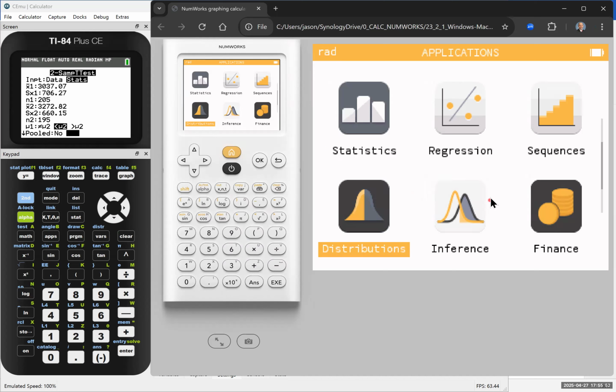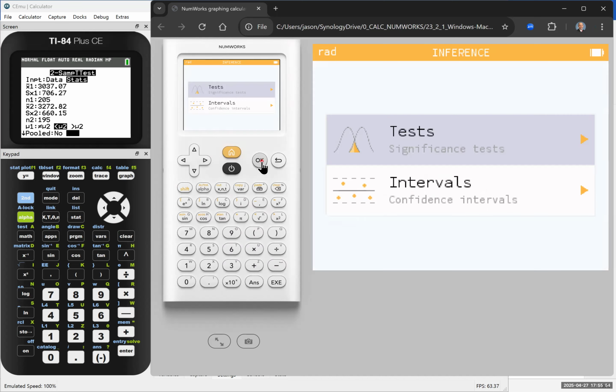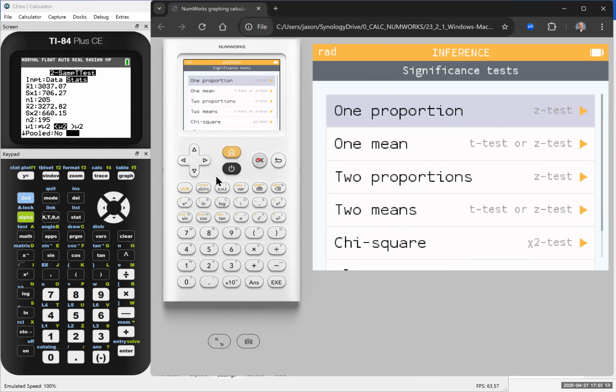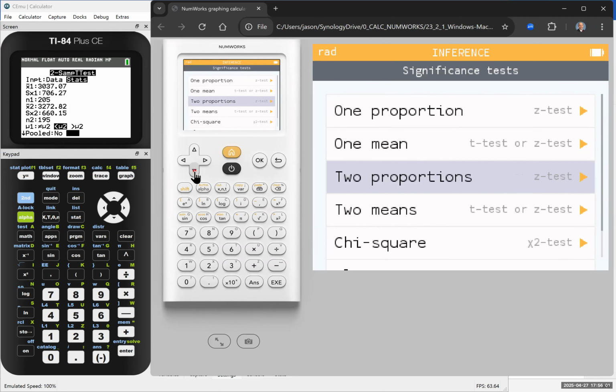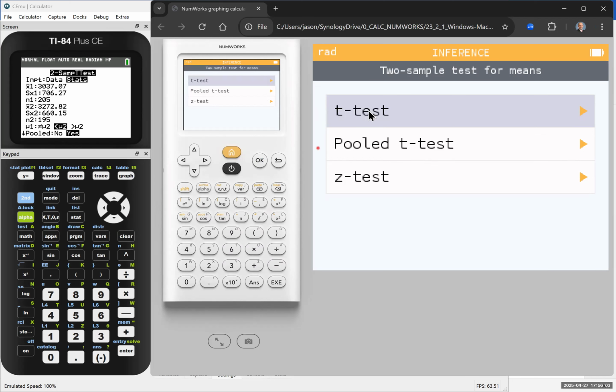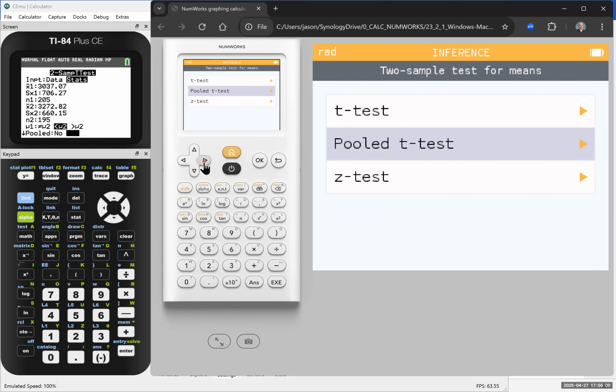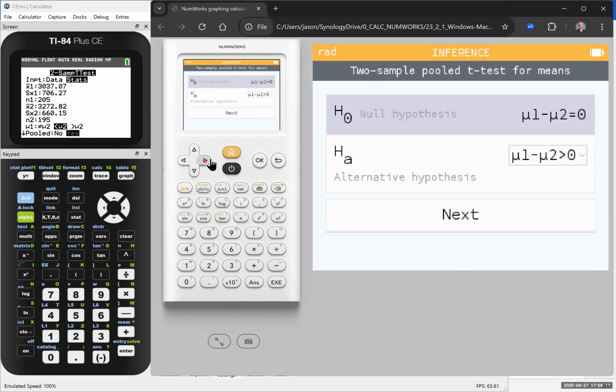So we're going to go to the Inferences app, go to Tests. We want two means. Now this is where this one is a little different, and that right off the bat we have to say that we're going to have a pooled t-test. All right, so we're going to have mu1 minus mu2 equals 0.